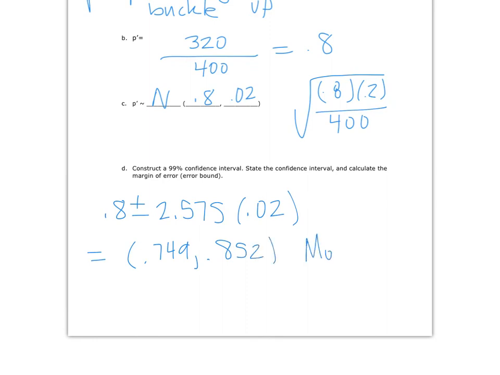And that's a margin of error of 0.052, so 5.2%. If we want to give an interpretation of this, we can say that there's a 99% probability that this interval from 74.9% to 85.2% of drivers buckle up before driving their car.